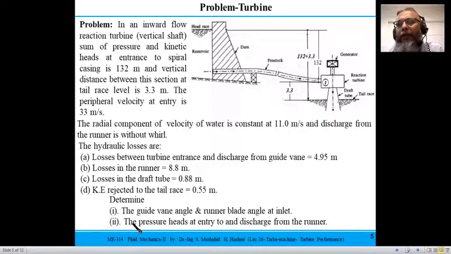And the next part of that working out is you need to work out the pressure head at the entry and the discharge from the runner. So at the runner inlet and runner outlet, what are the pressure heads? Entry is inlet and outlet is discharge. So that is something we have to work out.